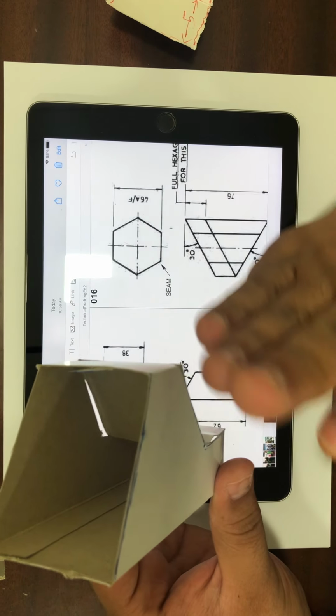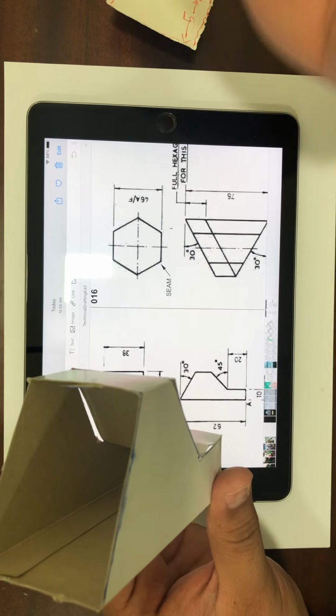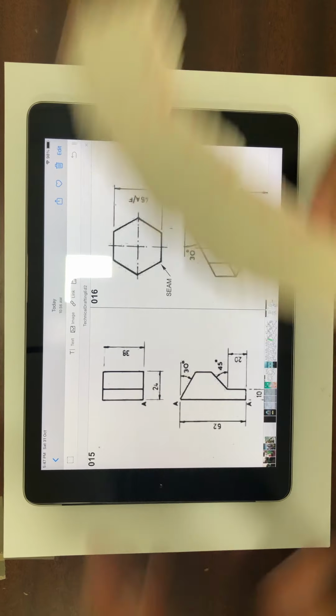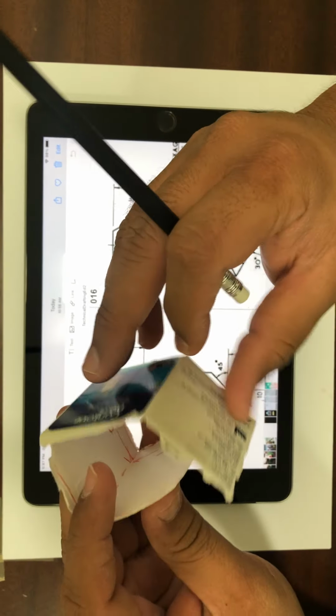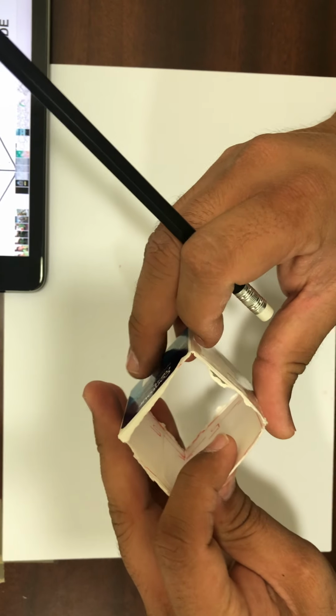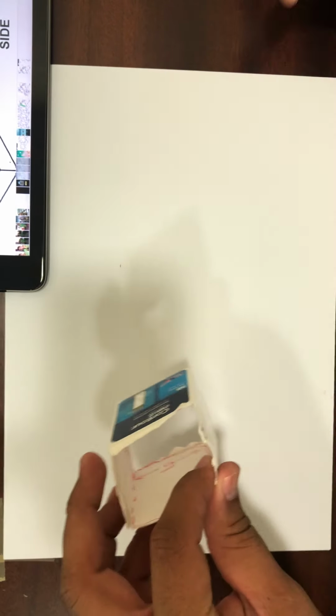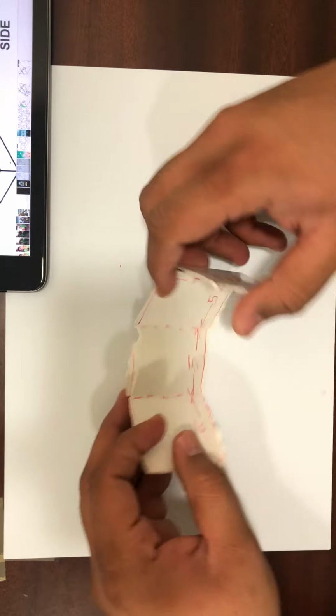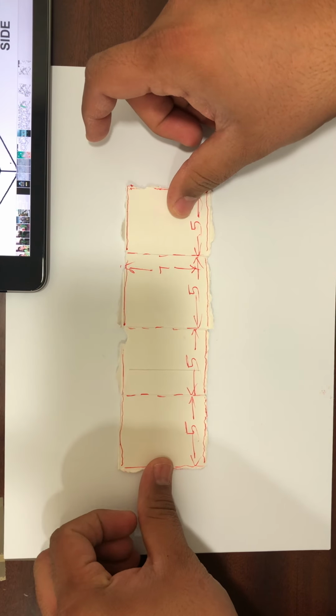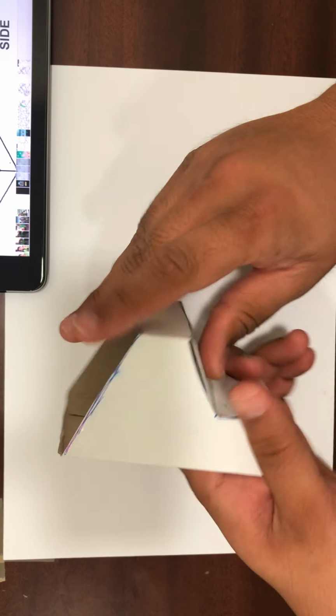Now I have to develop it. Development means, as in the example I have shown you, this is the box. If this is the box, what is the development? Development is this. Now here this is the shape.